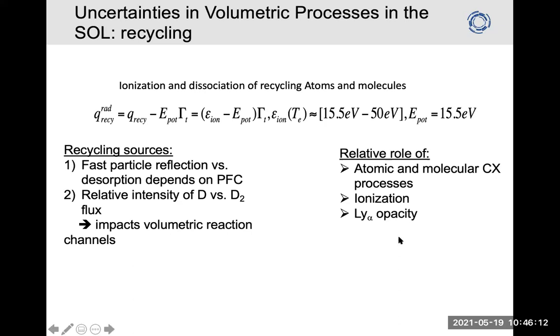Another item that I have not discussed is what is called here the Lyman alpha opacity. First of all, when you have atomic neutrals, you'll always have Lyman alpha radiation, because that's the transition of an electron from the first excited state down to the ground state. Lyman alpha is in the ultraviolet range of the spectrum.